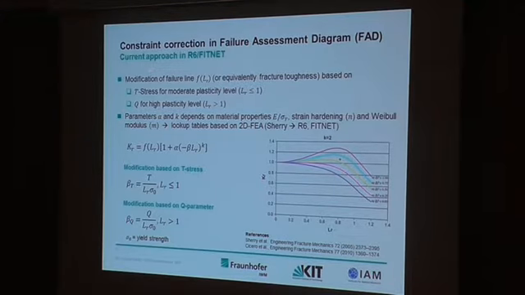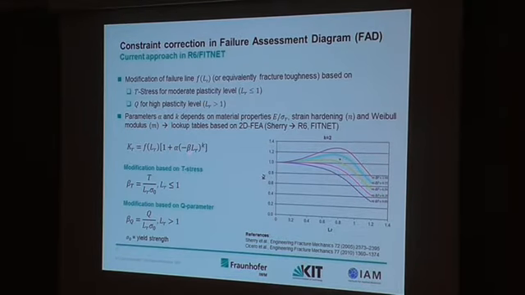And if you know these values, and T-stress is available already for many geometries, you can simply modify your failure line in the failure assessment diagram, or if you put this term on the left-hand side, you can modify the fracture toughness by moving the assessment point along the y-axis. And this parameter beta depends on the respective constraint parameter, T-stress or Q, and on the plasticity level.